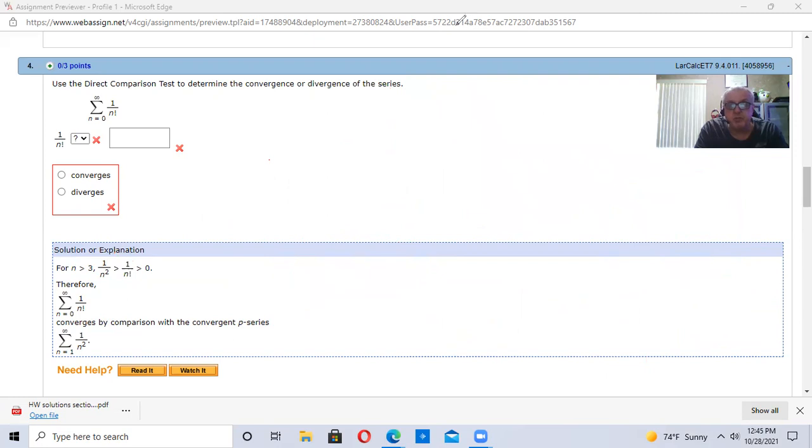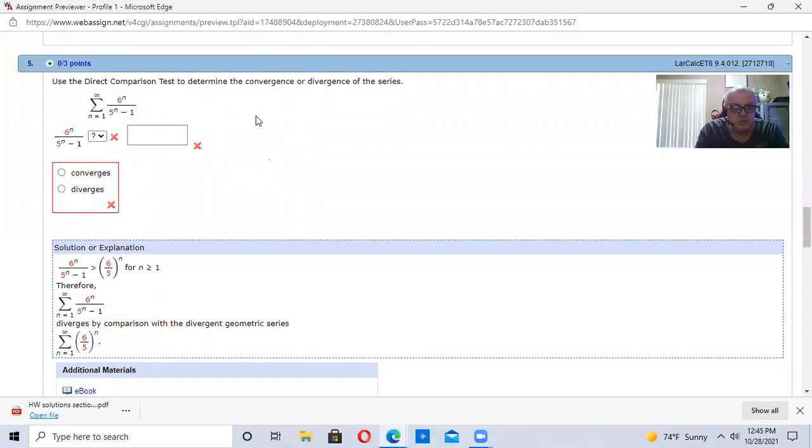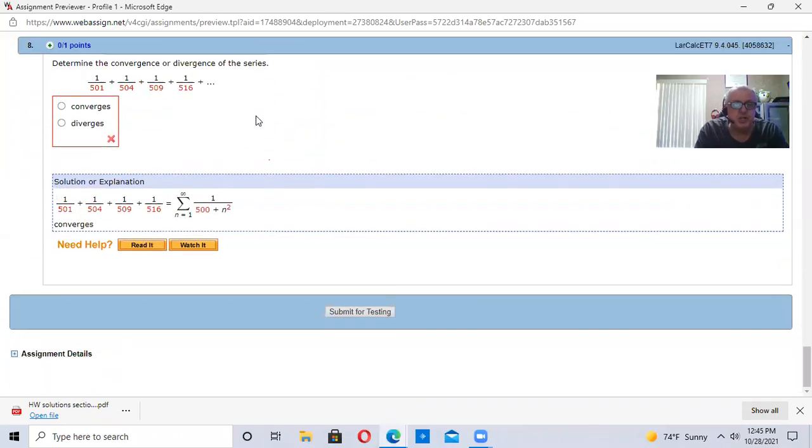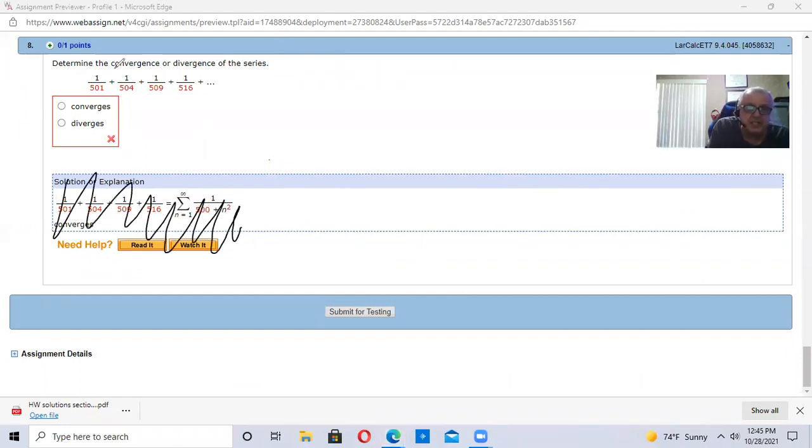And there's one more problem I wanted to do, problem 8 in the homework, the last one here. I just wanted to show the reasoning and thinking. If you didn't have this, this is a hard series to look at to figure this out.